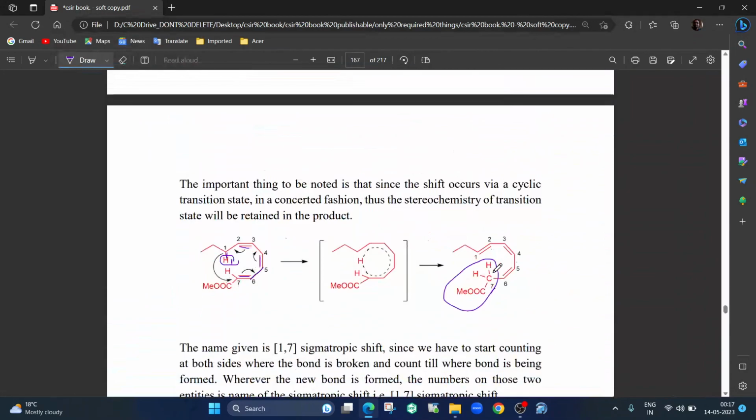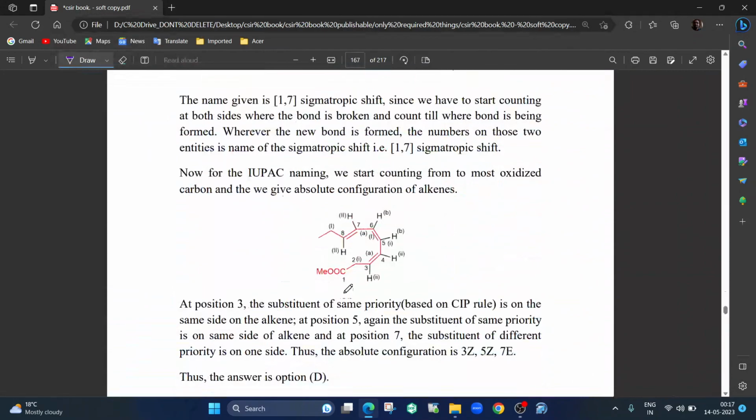And so you can see here, we have to give the counting now, because of 3, 4 and all. So the COOH is the most oxidized state, so of course if you give IUPAC numbering, this gets first preference, this gets second, third, fourth, 5, 6, 7 and 8, right? So now you see between 3 and 4, this has carbon and this is hydrogen. Here it is carbon, this is hydrogen. So we have to give the absolute configuration for the alkene based on the CIP rule, right?